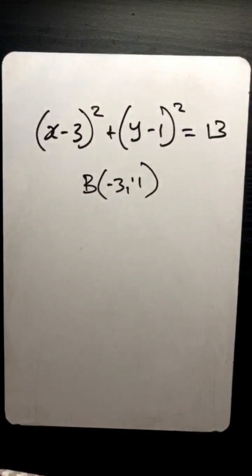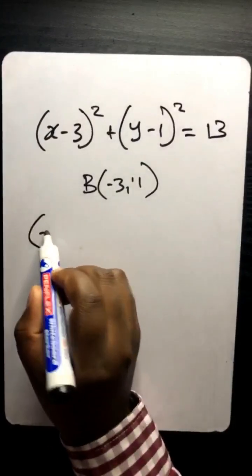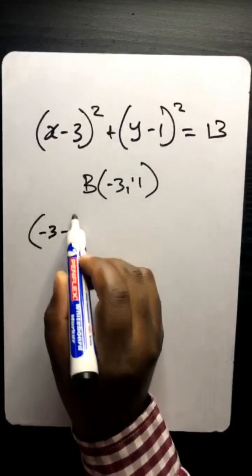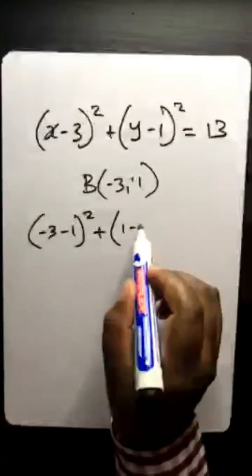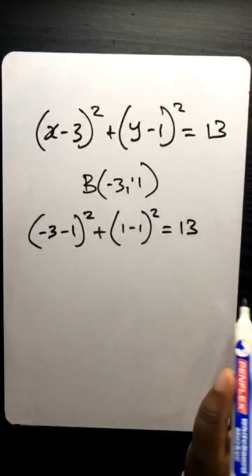So you substitute in order to see if the answer that you get is equal to 13, which is the radius squared of the circle. So the substitution will tell you if the point B is outside. Let's substitute. So what is this?